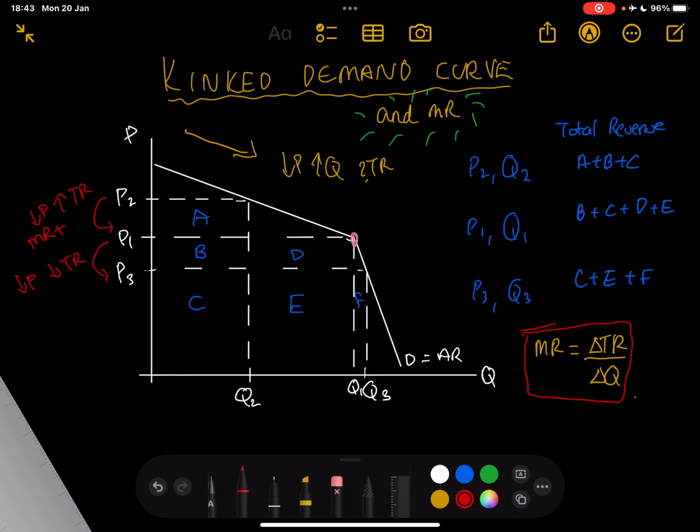So the change in our revenue is now a negative number, the first negative number so far. So our MR will also be a negative number. What we can see from here is that if you go beyond Q1, where you're dropping the price below P1, we expect revenue to fall. And so we would expect the MR curve to be somewhere below the axis. It's going to be a negative MR.